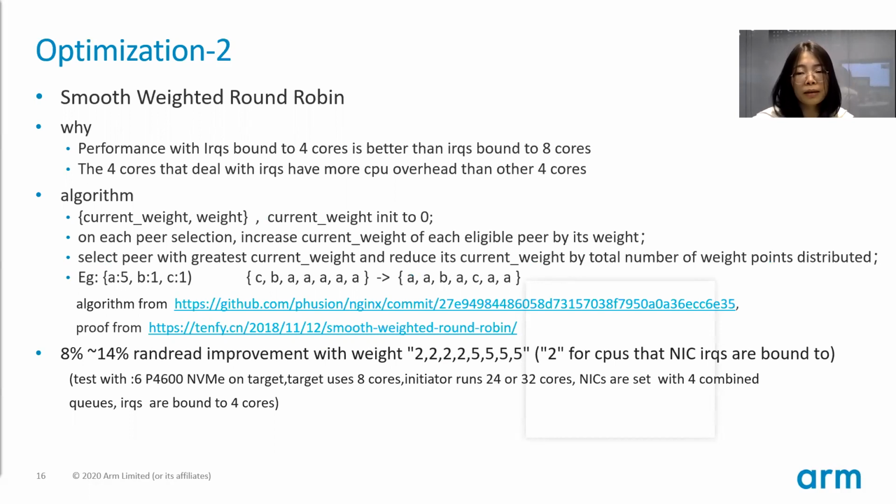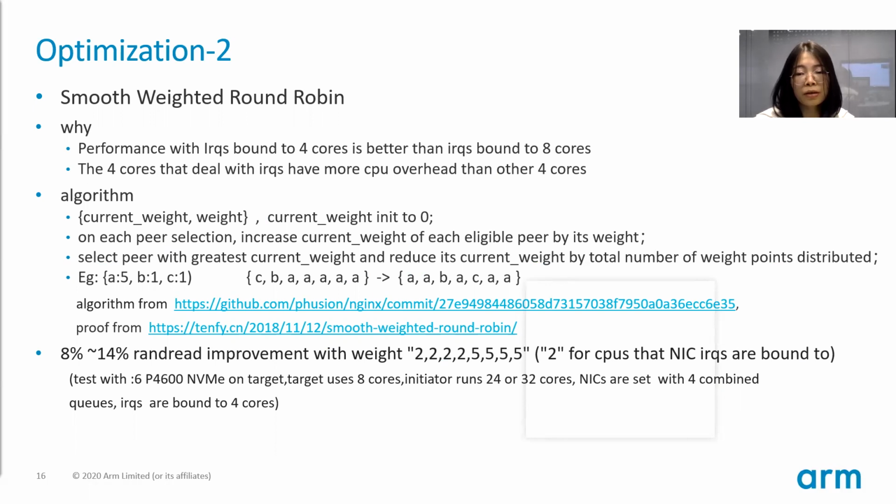But from our test, with 8 cores in total, the performance with NIC interrupts bound to 4 cores is better than interrupts bound to all 8 cores. And this means the 4 cores that deal with interrupts have more CPU overhead than the other 4 cores. So we expect the 4 cores with lower interrupt overhead to deal with more connections.